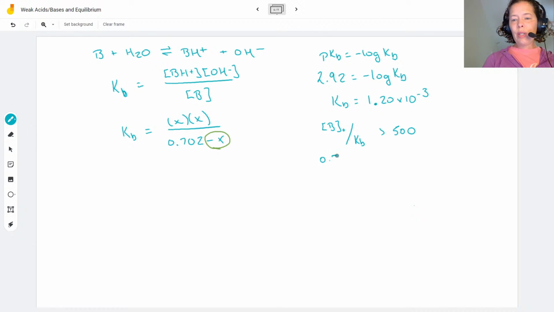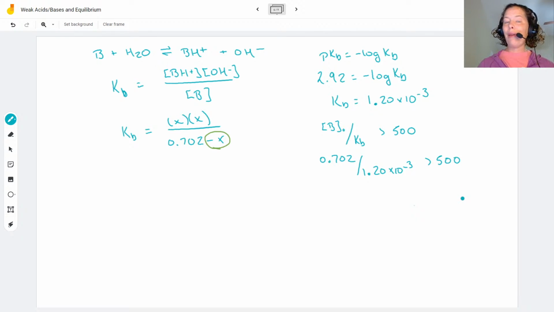So this was 0.702 over the Kb I've just calculated here. And it is classic for teachers or the AP exam or the IB exam to give you a pKb when you need the Kb and just make you convert it. So just FYI.